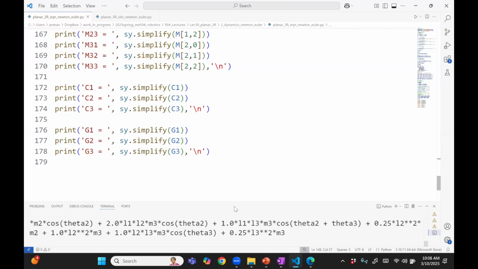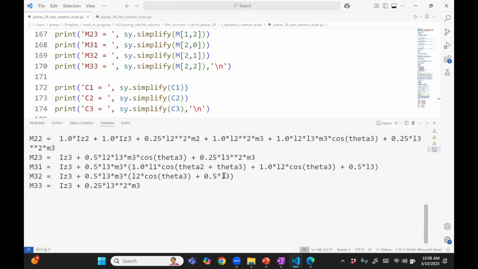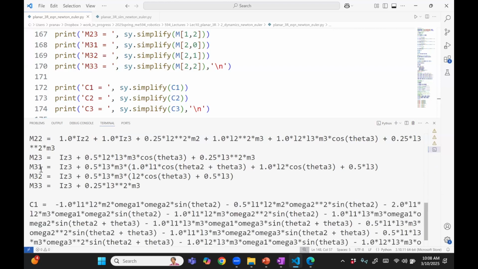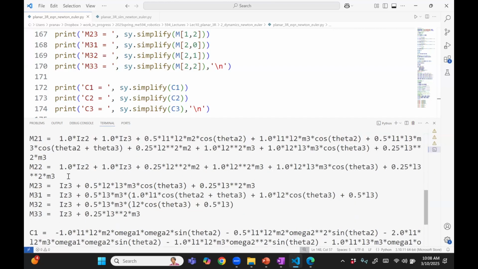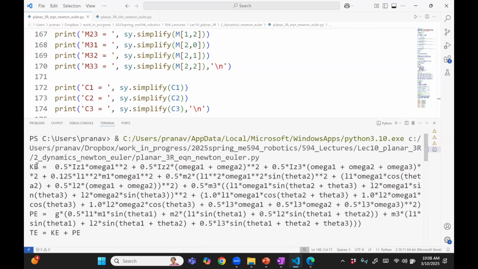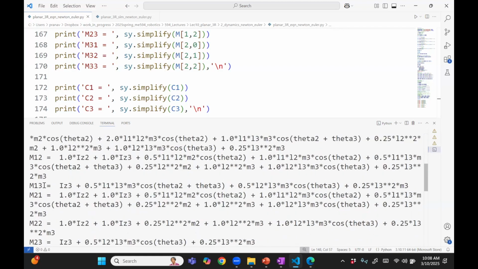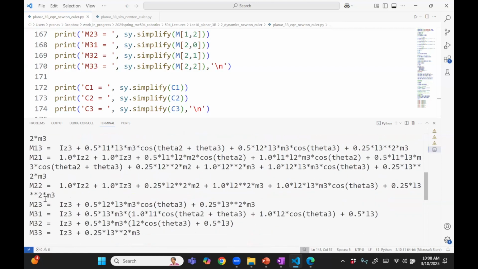Okay, so it's first printing total energy, K, P, total energy, then M11, so it's a 3 cross 3 matrix, the M matrix.